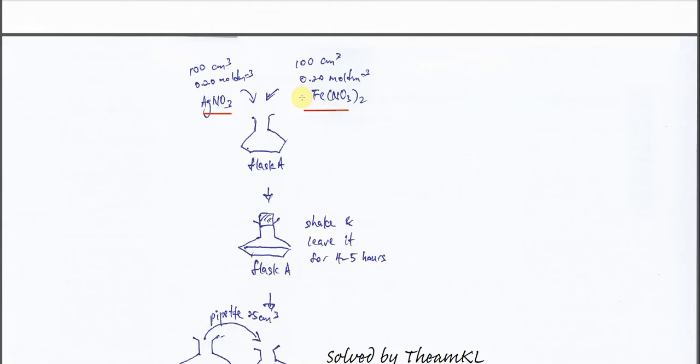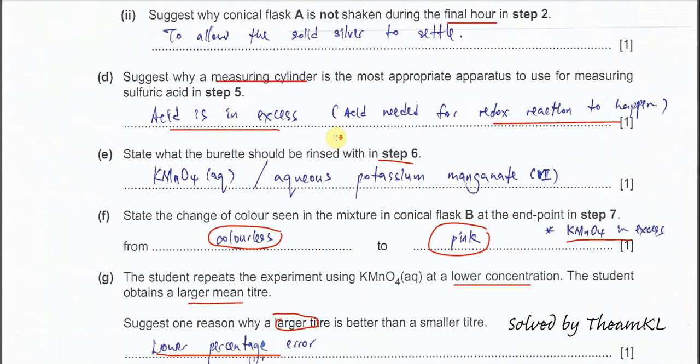When the iron 2 reacts and forms iron 3, it reacts with the silver ion in a 1:1 mole ratio. So however much iron 2 is used, the silver will use the same amount. At the end, the concentration of the silver ion and the iron 2 ion will be the same, right? That's why it's not necessary.